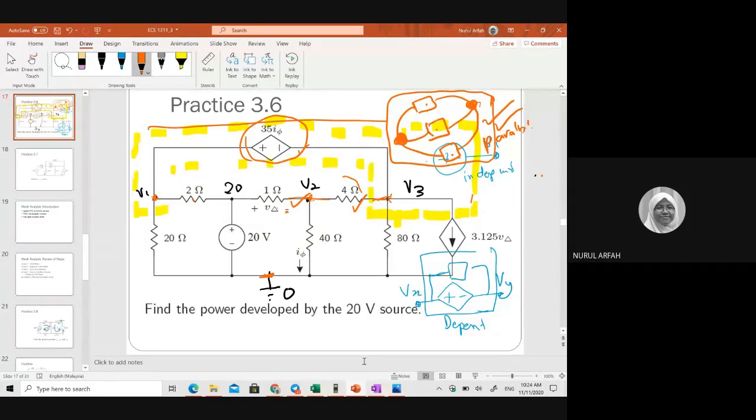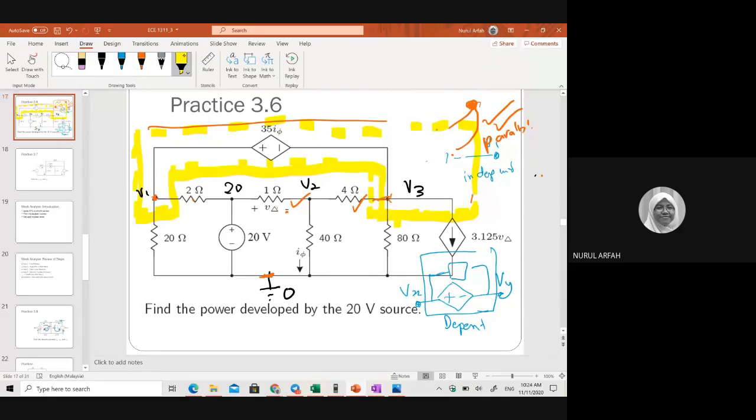Okay, very good. So next, what should you do? You have a super node. This boundary here is a super node. Okay, let me erase this. When you have a super node like this, that's why I said it is very important to draw the current direction.